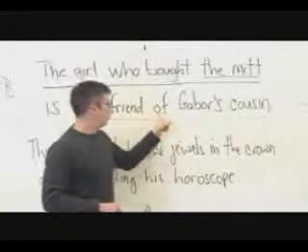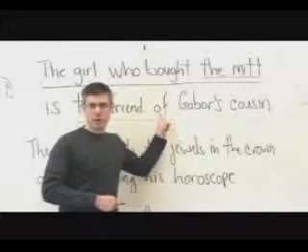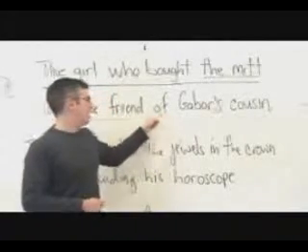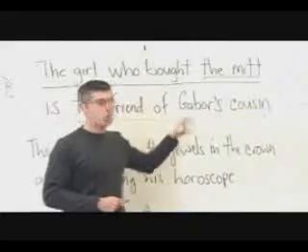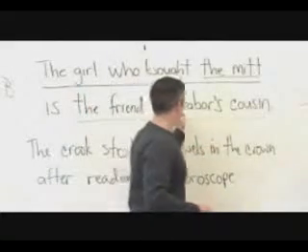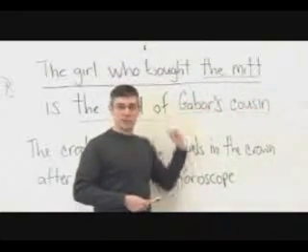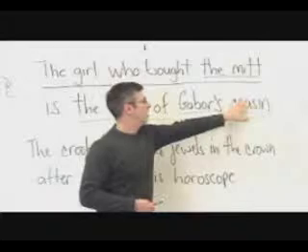Now, there is, once again, a nominal phrase inside of this longer nominal phrase. The friend of is a preposition, and prepositions, as we know, are followed by objects. And friend of who? Gabor's cousin. That's who. So Gabor's cousin, once again, is a nominal phrase inside of a longer nominal phrase.